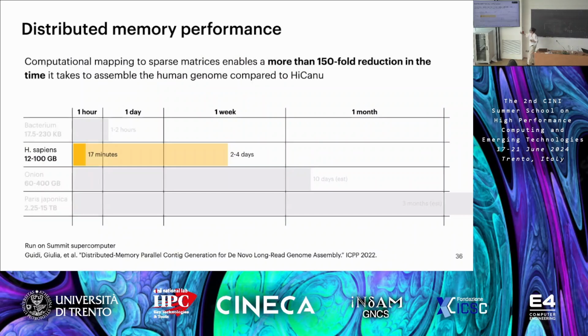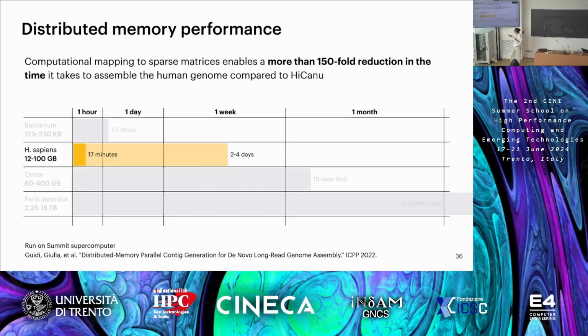But here, if we implement all of this on a supercomputer using matrices, we move from days to under 20 minutes. And this is run on the Summit supercomputer, which used to be in the top 500 a few years ago. I don't know if it's in the top 10 now, maybe in the top 15.